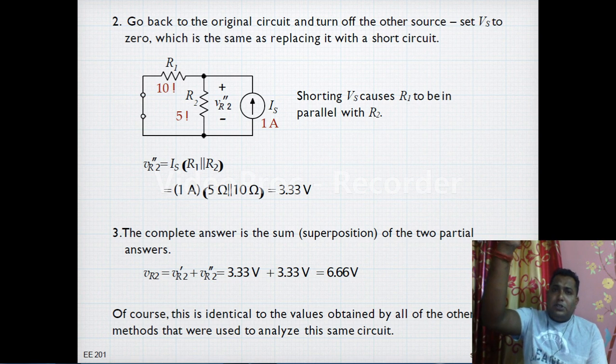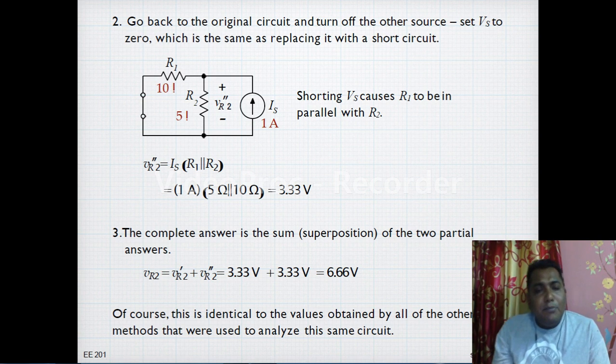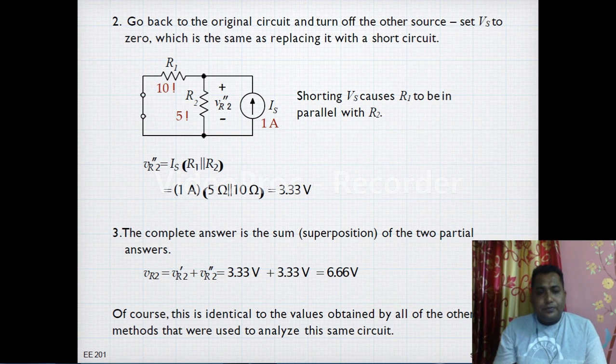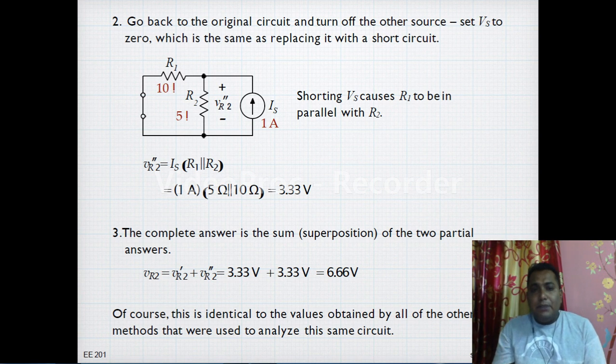So here is a positive terminal and here is a negative terminal. In both cases, for both sources, the current direction is from upward to downward, so the potential will be higher at the top and lower below. So both are in the same polarity, so we can directly add them, and there is the answer. Okay, so this is one very simple example we did.